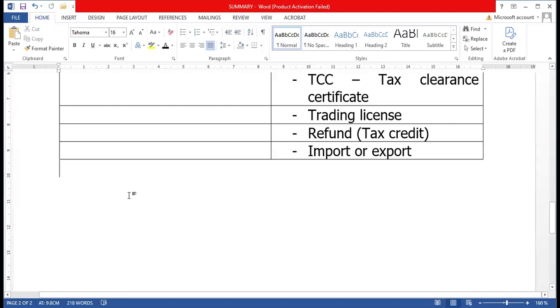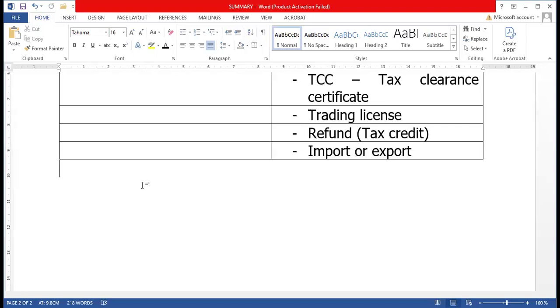Can a TIN be transferred, sold, or inherited? Obviously, since we are saying it's one person, one TIN, the TIN cannot be transferred, cannot be sold, cannot be inherited. So take note of that. The TIN is personal and non-transferable. It cannot be given to another person.